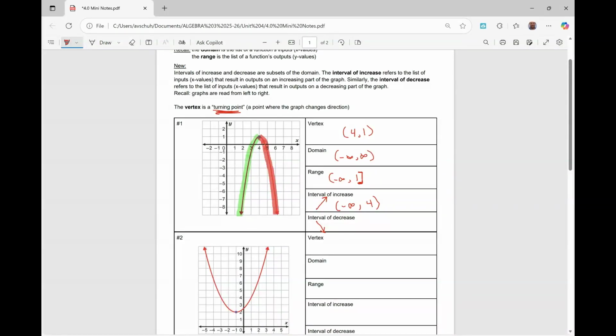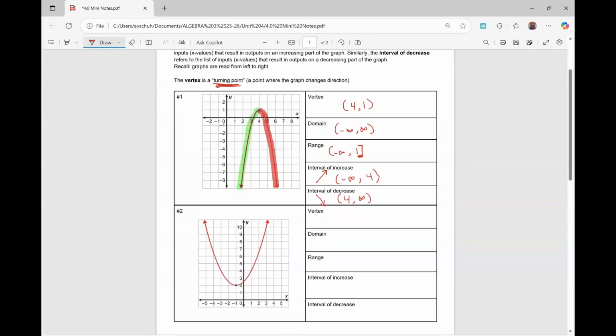And again, I'm just going to pick out the x values. So the x values are going to be anything after 4 into infinity. And so again, that vertex has a lot of meaning to us in this problem. But the big thing we have to remember when we're talking about interval of increase and decrease is we're only talking about the x values.